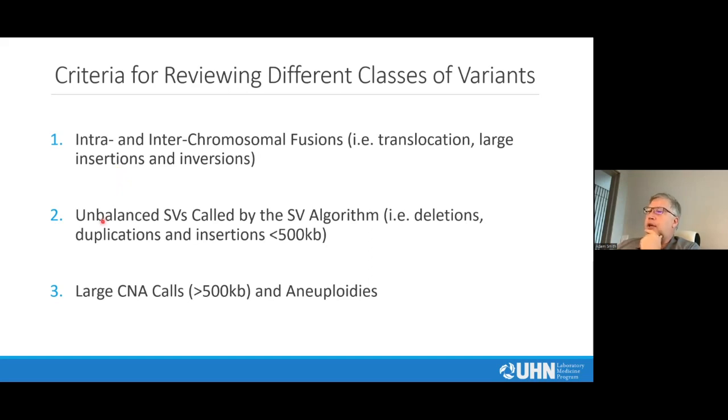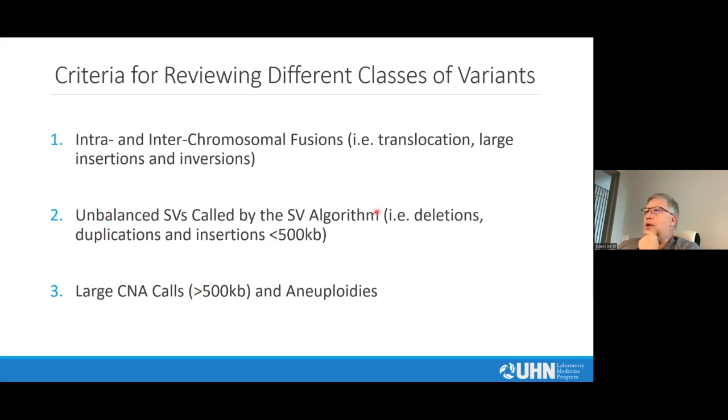Second category is our unbalanced SV calls, and these are called by the SV algorithm. So you'll see deletions, duplications, and insertions. This covers the window below 500 kilobase pairs. I mean, they can be larger than this, obviously, but just to differentiate from the large CNA calls.